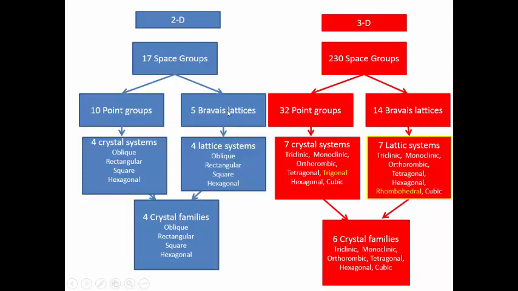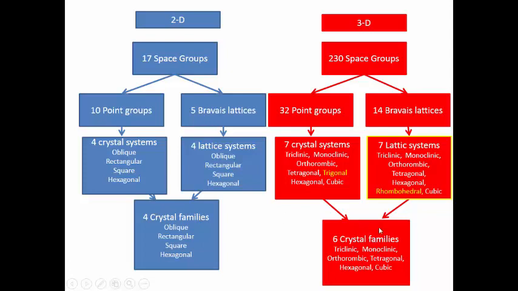We have 5 Bravais lattices in 2 dimensions, 14 in 3 dimensions. 4 lattice systems in 2 dimensions, 7 lattice systems in 3 dimensions, and finally the crystal family subsumes both of these 2 pathways, and we have 4 in 2 dimensions and 6 in 3 dimensions.